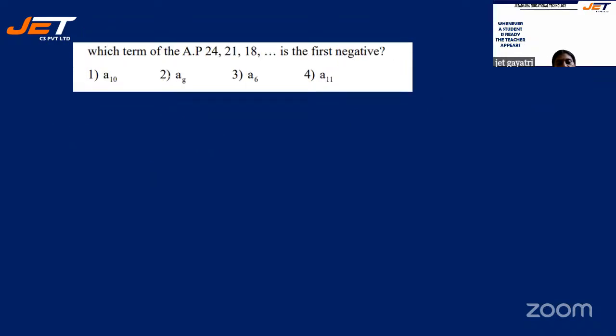See the next question. Which term of the AP 24, 21, 18 is the first negative? So now here what is A? A is 24. Now what is D? 21 minus 24, which is minus 3.